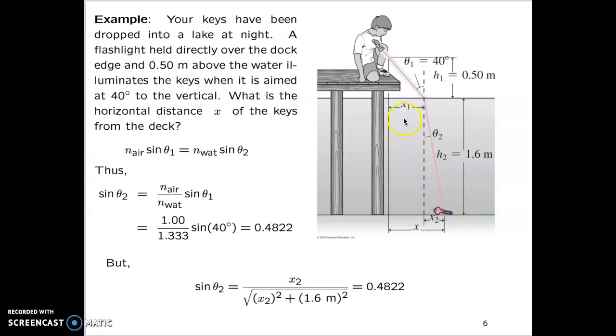We're going to find x1 and x2 separately, and then add them together to get x. That's what we're looking for.